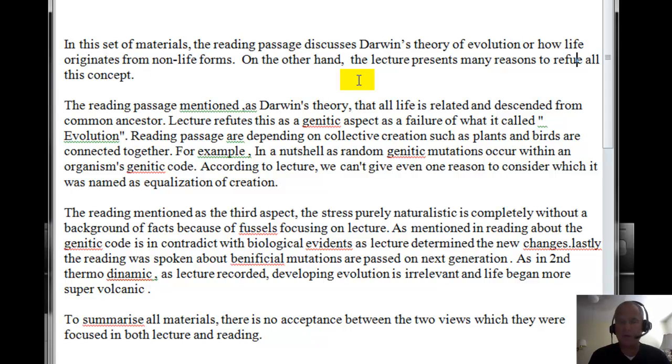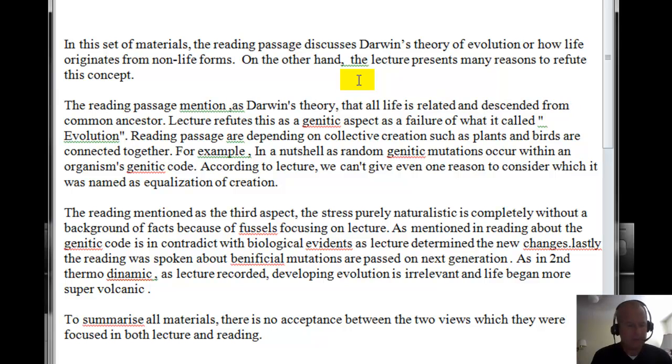The word is not refuse, but the word is to refute all. And it's not just one thing. I would say, how about just say refute this concept.